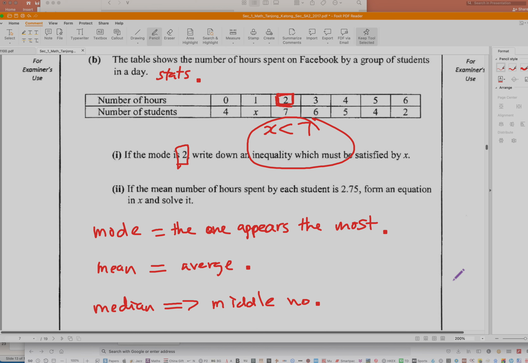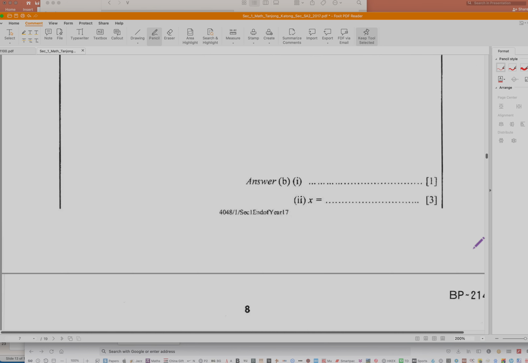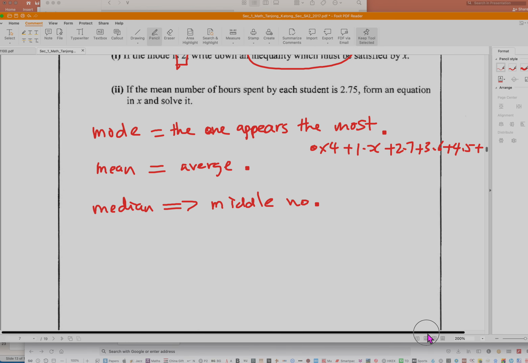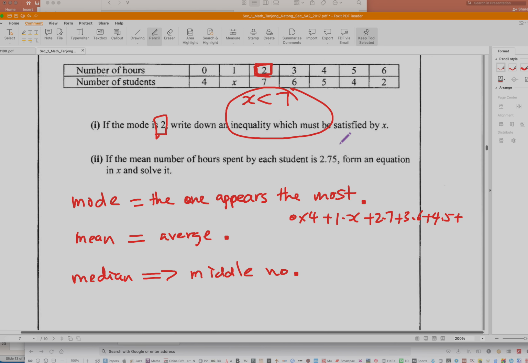Okay, so I think the second question is also very easy, because you just need to do 0 times 4, 1 times x, 2 times 7, 3 times 6, add them up, and divide by the number of students, which is 4 plus x plus 7 plus 6. So 0 times 4 plus 1 times x plus 2 times 7 plus 3 times 6 plus 4 times 5 plus 5 times 4 plus 6 times 2.